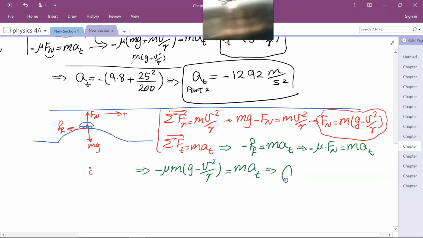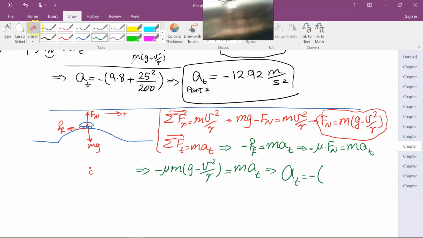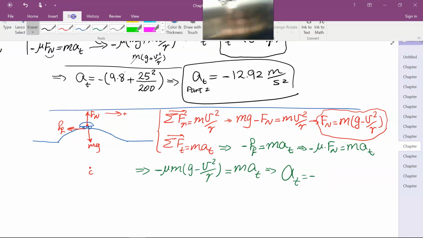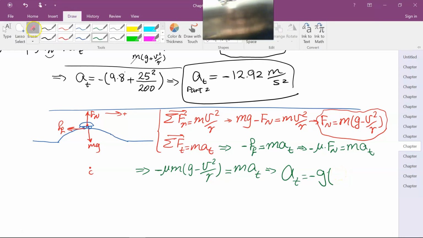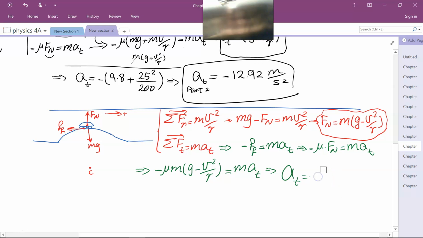Then m with m cancel, so at becomes minus mu times g minus v squared over r.